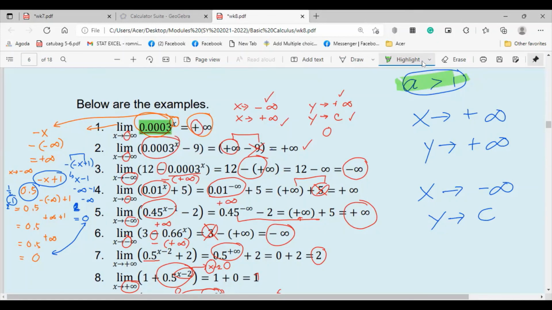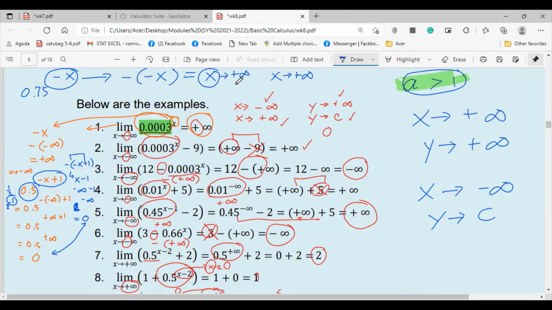Okay? So, kung ang exponent mo originally is, halimbawa, ang base mo 0.75 at ang exponent mo ay negative x, i-negate mo pa yan. So, negative of negative x becomes x. Tapos sa x na yan, doon ka na mag-focus. If x keeps on increasing, magiging positive infinity ito.